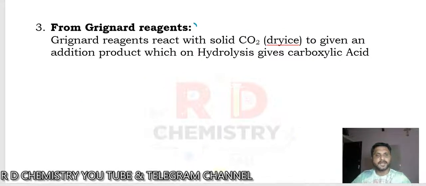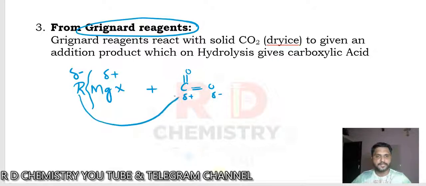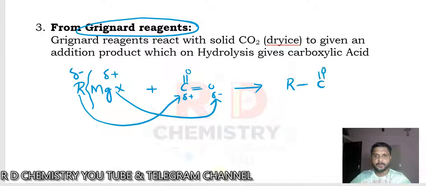Next one is from Grignard reagents. Grignard reagents have the formula RMgX, and this is a charged reagent. So this is an R minus and MgX plus part, a polar species. It reacts with solid carbon dioxide, that is dry ice. So we have a partial positive charge and partial negative charge. So nucleophilic R minus attacks the carbon atom, and the magnesium halide goes to the oxygen to give the addition product R, C double bond O, O MgX.